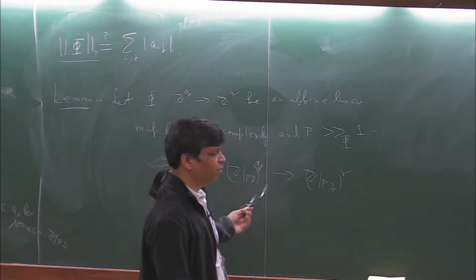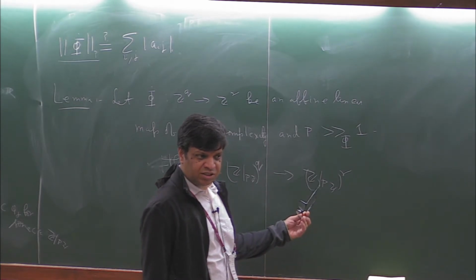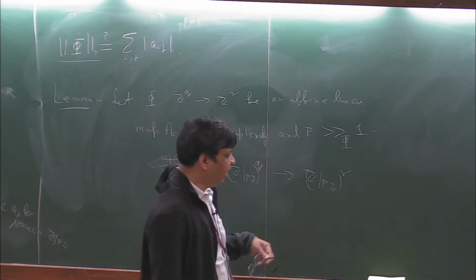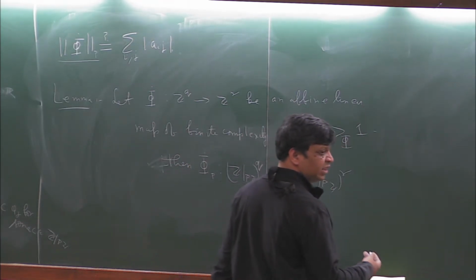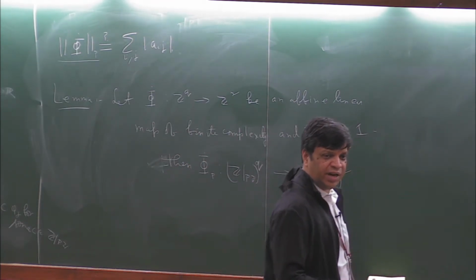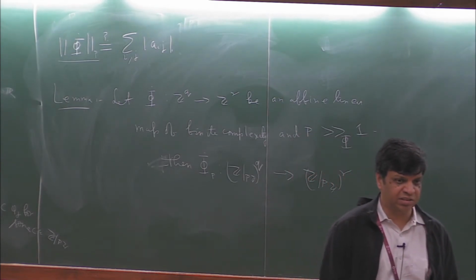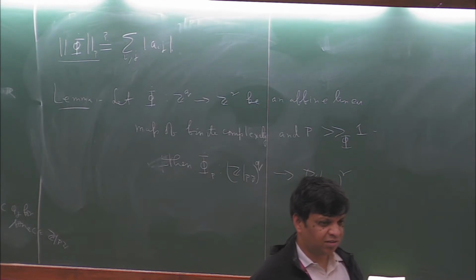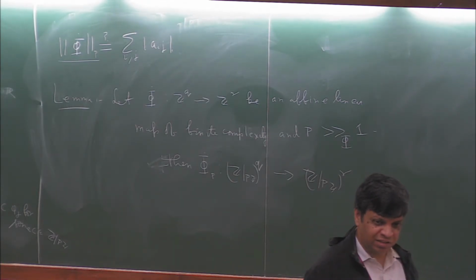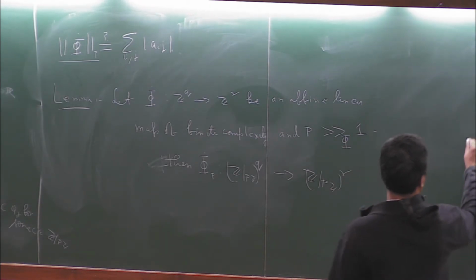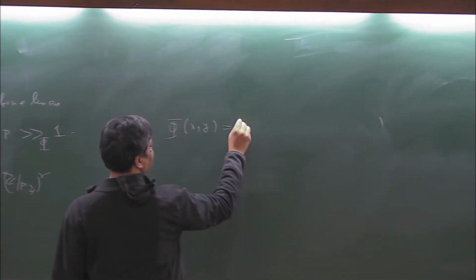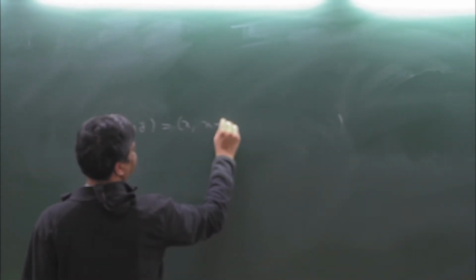So it will induce a map from Z mod pZ to the Q to Z mod pZ to the R, but in general it may not be of finite complexity. Suppose I take phi(x, y) equal to x and x plus 2y.